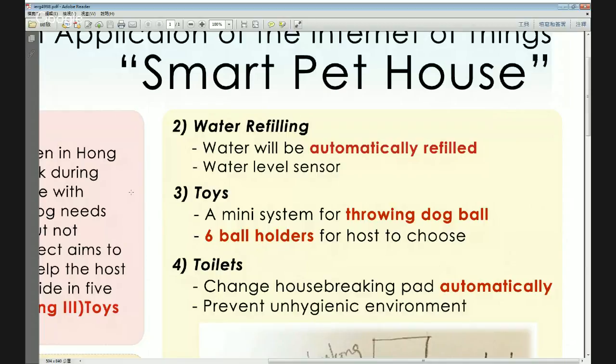When the sensor senses that the water level of the water bowl is low, the Arduino will send out the control signal and ask the water pump motor to work. Then the water pump will pump water from a large water bottle storage to refill the water bowl. And the Arduino will send a message to the app to notify the dog owner that the water bowl has just been refilled.